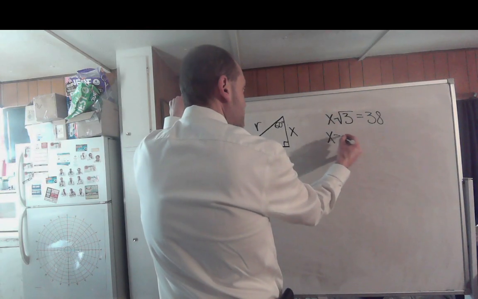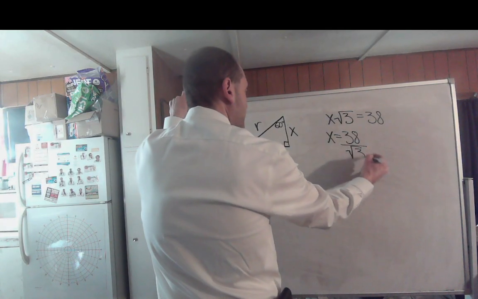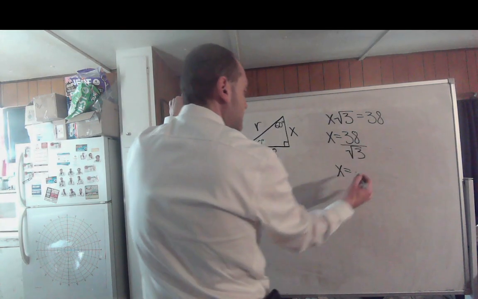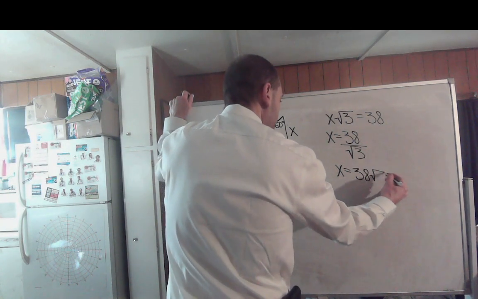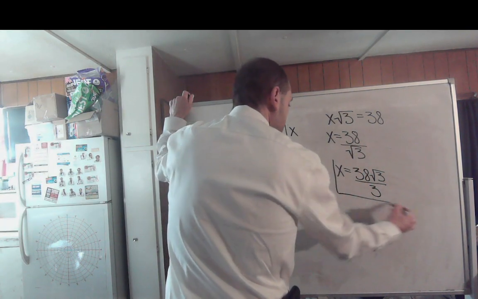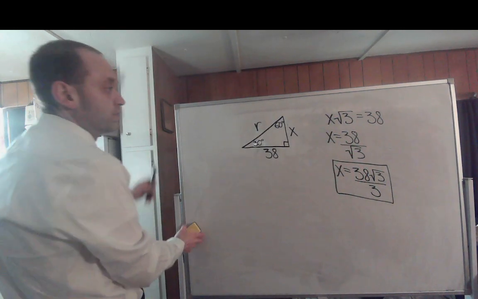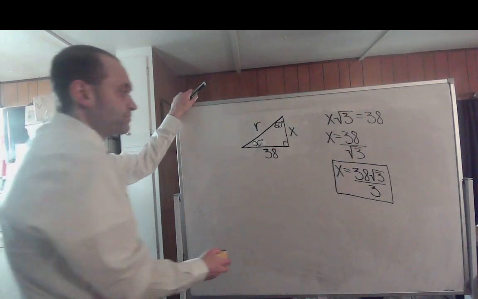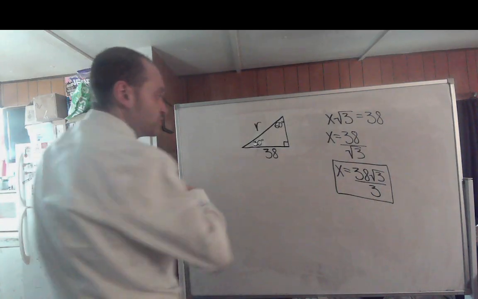Which would mean x would equal 38 divided by the square root of 3. So in short, you'll get that x has a length of 38 times the square root of 3 all over 3. So there's your x. It's 38 times the square root of 3 all over 3. So let me put that in green ink since we solved for it.